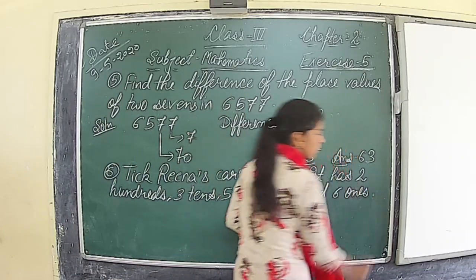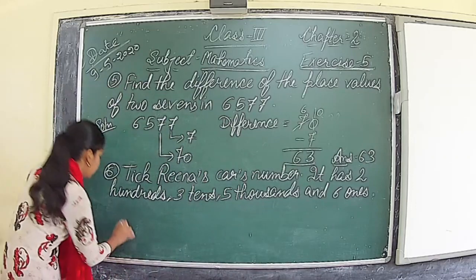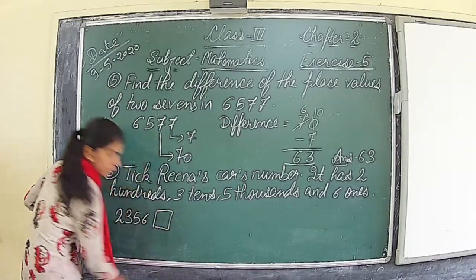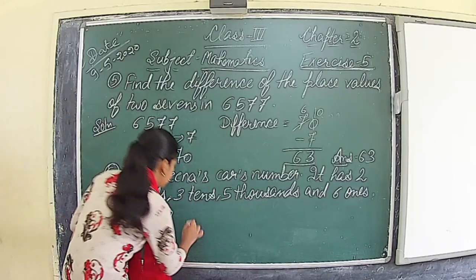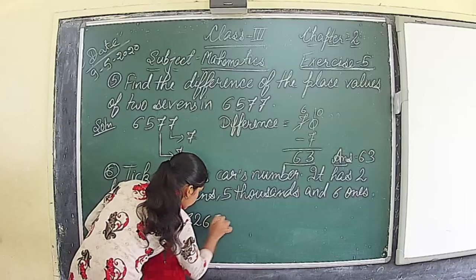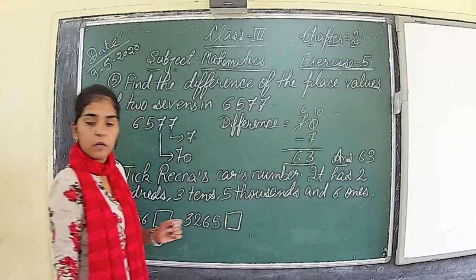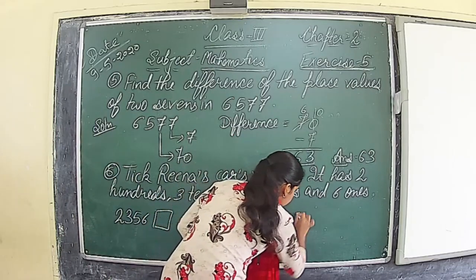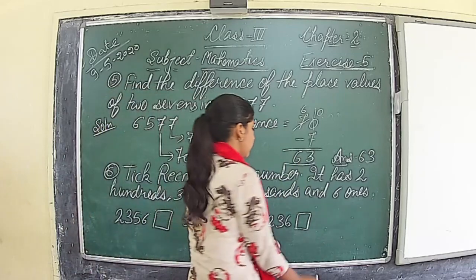Okay. And options are, first option is 2,356. Second option is 3,265. Third option is 5,236. And the fourth option is 5,326.